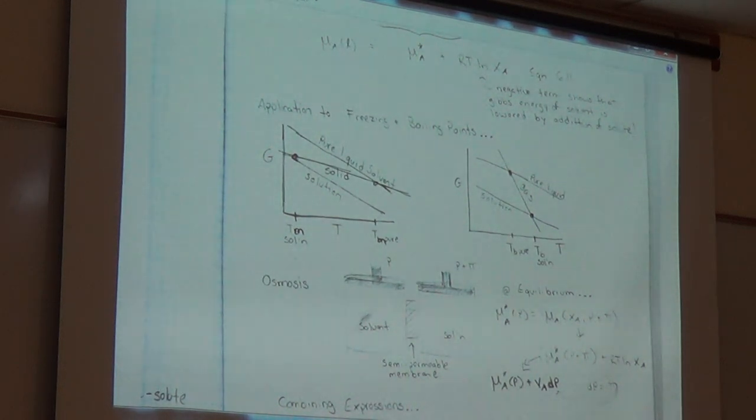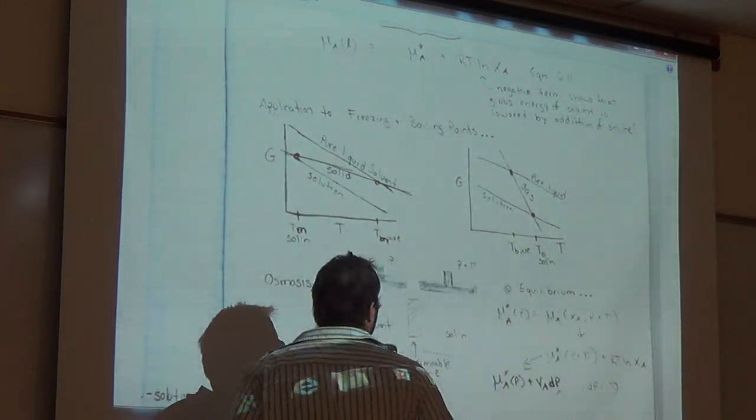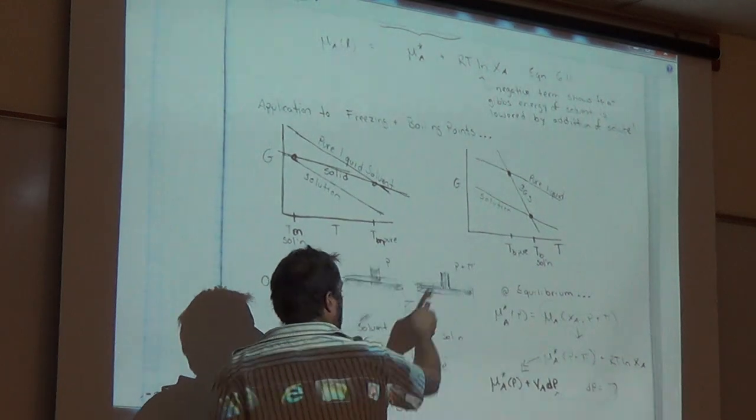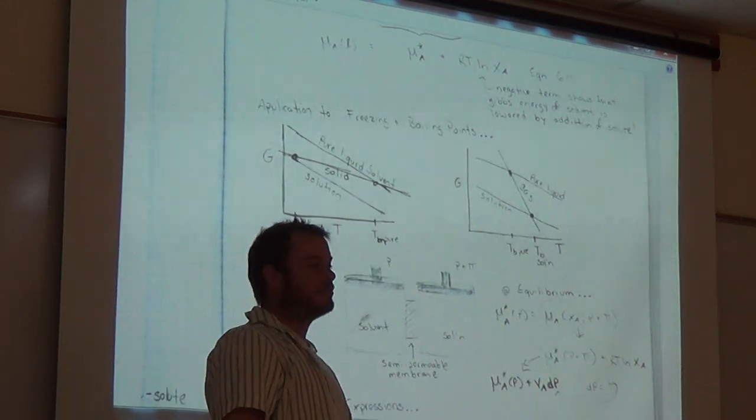When you take two situations like this, a pure liquid and a solution, and you connect them via a semi-permeable membrane, there'll be an increased pressure in the compartment that has the solution.